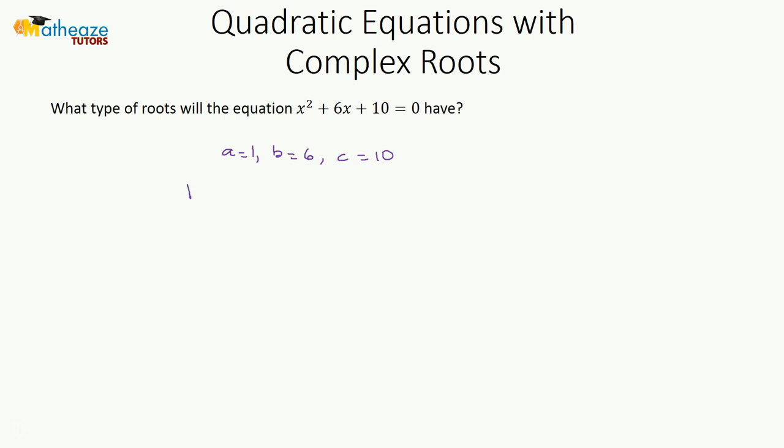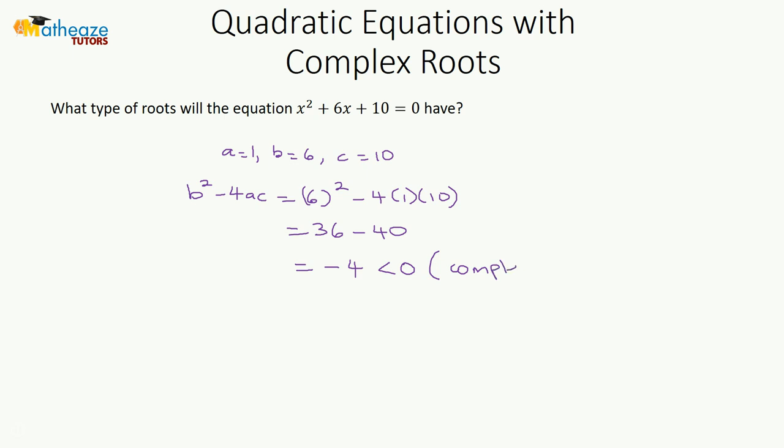Now we need to find the value of b squared minus 4ac. So that's going to give us 6 squared minus 4 times 1 times 10, which is 36 minus 40, which is going to give us negative 4. So because this is less than 0, we have complex roots.